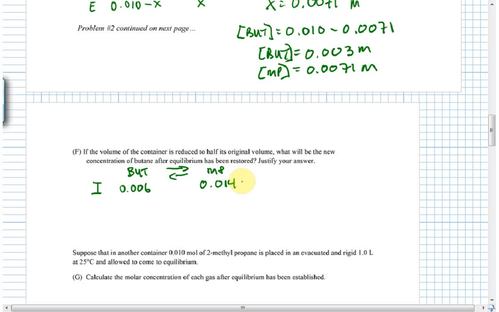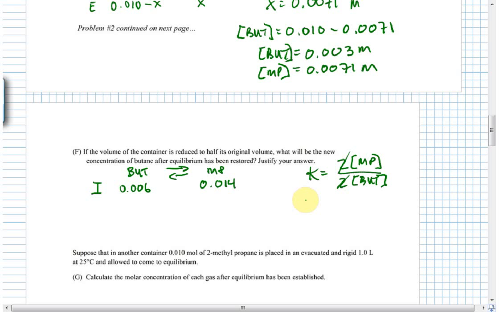Lo and behold, because I've increased both by a factor of 2, when I plug these into the equilibrium expression, 2 times the concentration of the methylpropane over 2 times the concentration of the butane, the factor of 2 cancels out. My equilibrium does not change.